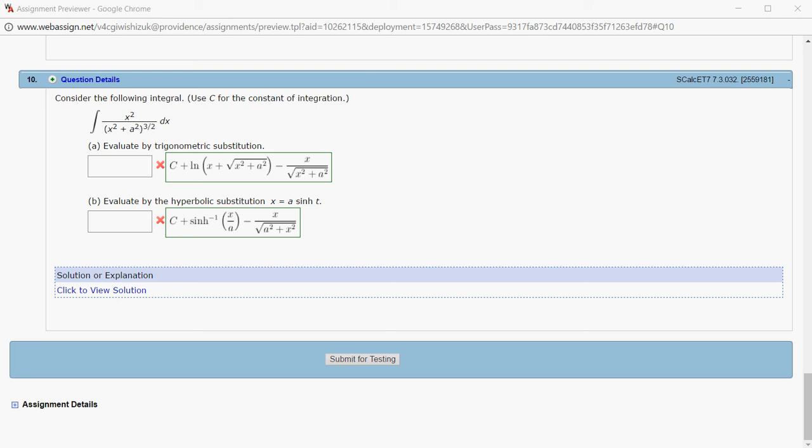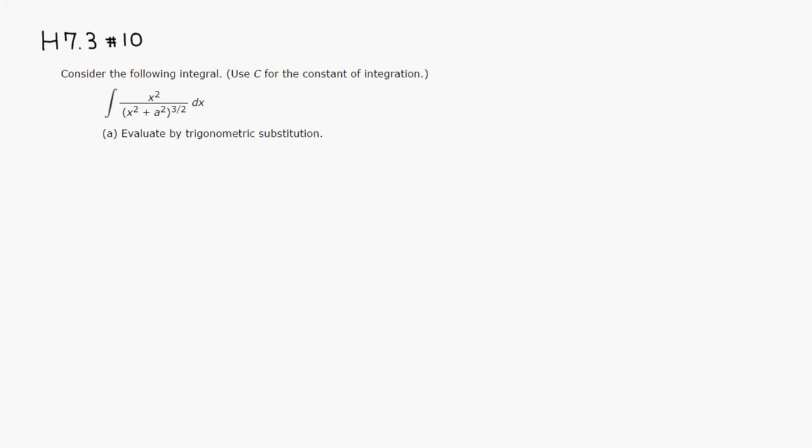Alright, let's do that. In this case, we're going to use the substitution x equals a tangent of theta. So let x be a times tangent of theta. Then we can go through the usual drills.